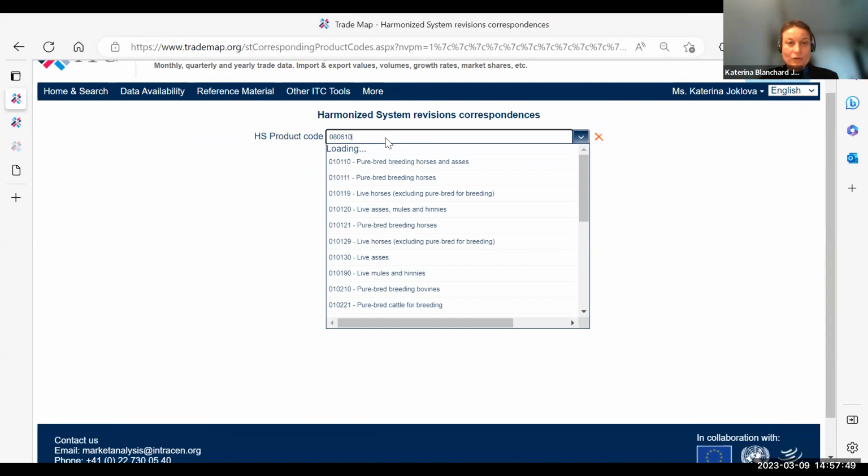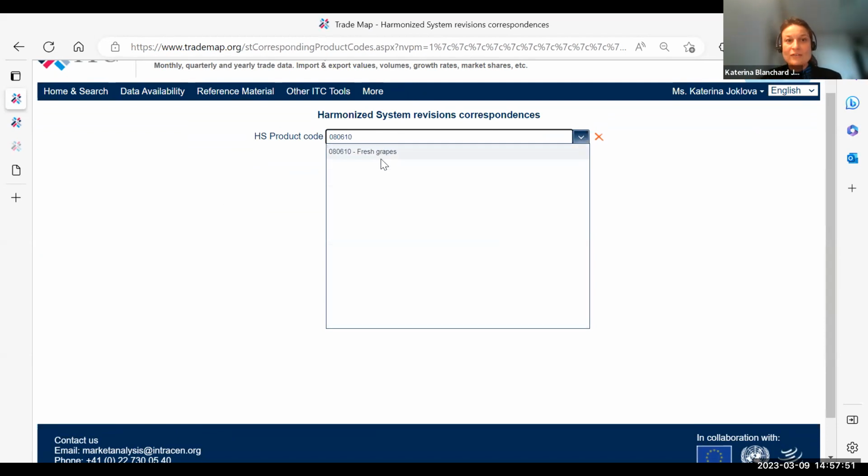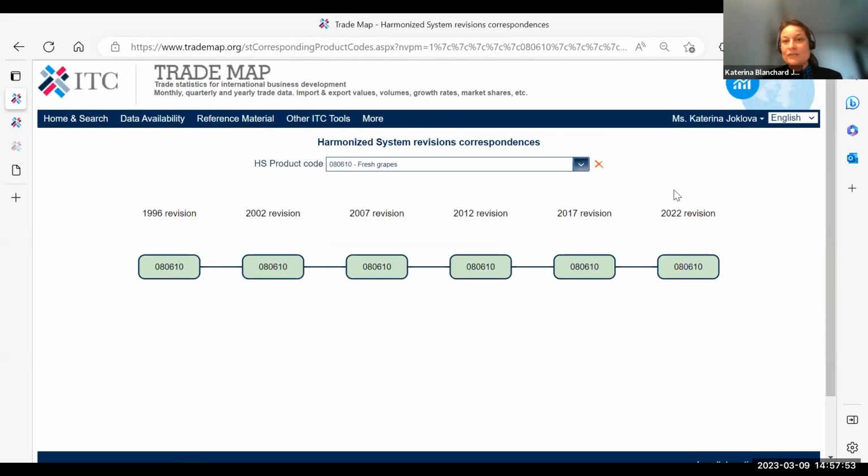For the purpose of our analysis today, we'll be using fresh grapes, and we are lucky because this code hasn't changed through the revisions, but very often you will see that the codes have changed, and this is how you can find out.